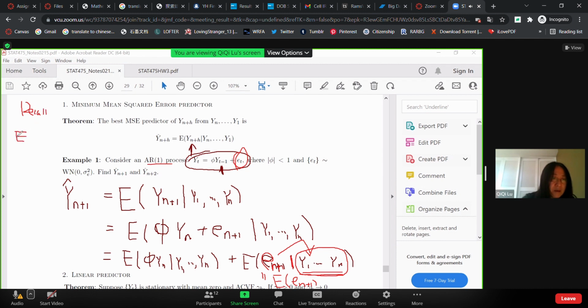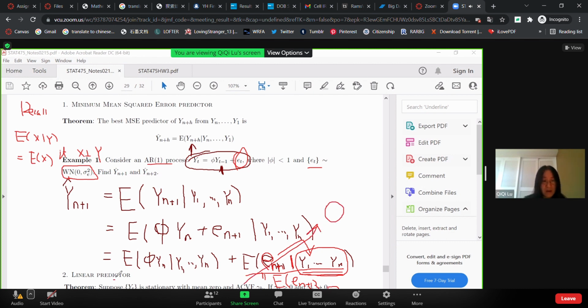When you take a conditional expectation, it equals just the expectation of X if X and Y are independent. This notation means the mean is 0 at any time, so the second term is 0 here.